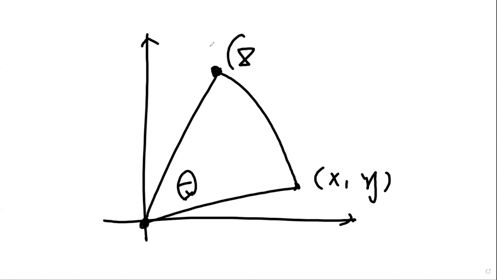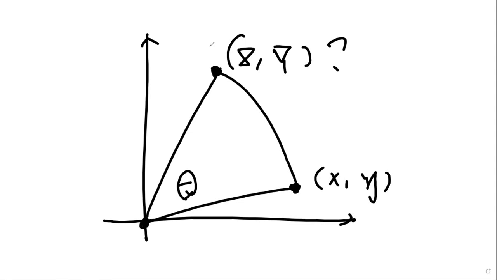Now what will this new x, new y be? How can we calculate the big X, big Y in a very efficient way? That's the problem.